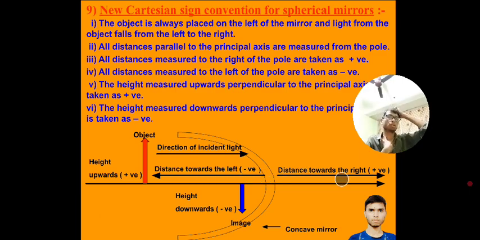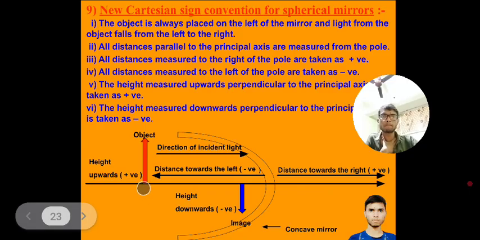This is the height upwards, positive. This is the height downward, and downward would be negative. This will be useful in solving numericals.